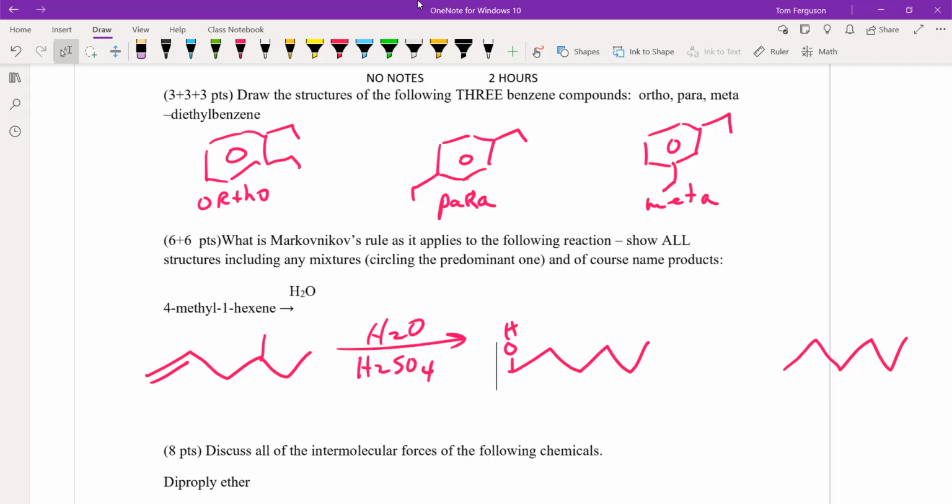Okay, I have no idea why my screen here went blank.